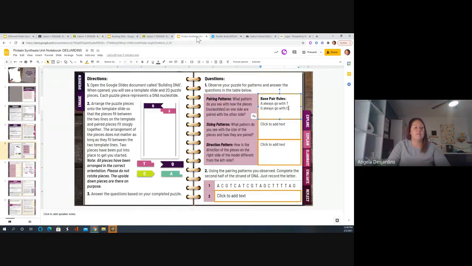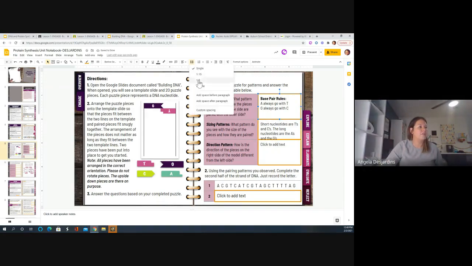So the short nucleotides are T's and C's. The A's and the G's.